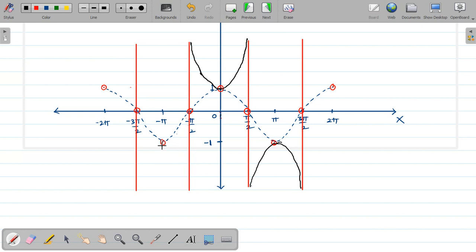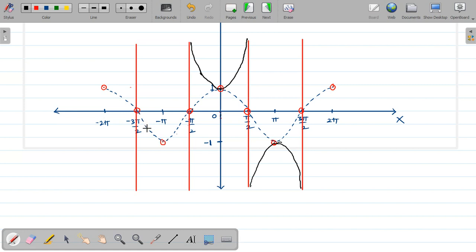Okay. Now similarly here also, see, for minus pi by 2 cos function is 0, so sec is infinity. But for minus pi, cos of minus pi is minus 1, so sec of minus pi is also minus 1. Now if you observe here, then from minus 3 pi by 2 to minus pi, cos function is decreasing.